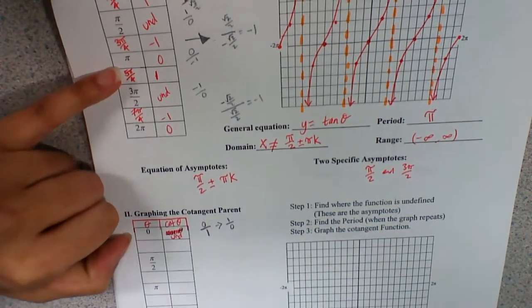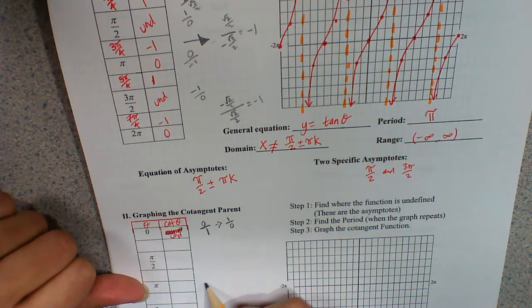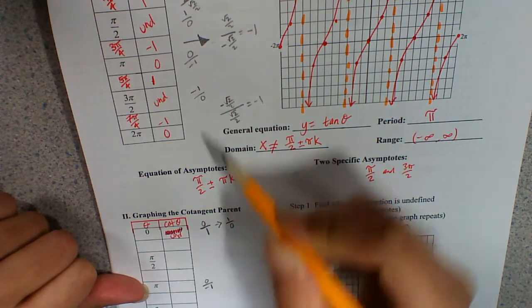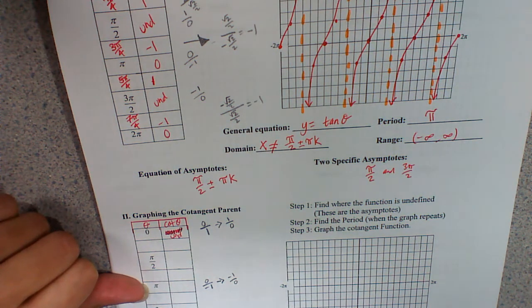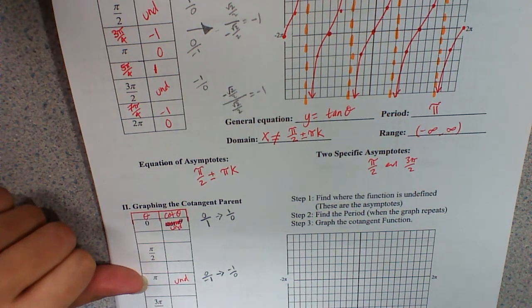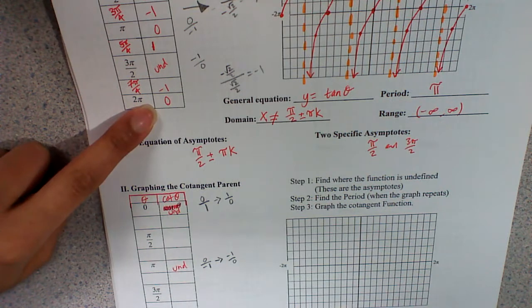So let me see where else tangent was 0. Okay, here at pi, which was 0 over negative 1, which gave me 0 for tangent. If I take the reciprocal of that, negative 1 over 0, there you go, you have 0 at the bottom, again undefined. And the last place we'll have an undefined value is at 2 pi, because tangent was 0 at 2 pi, the reciprocal of that is undefined, just like we said.